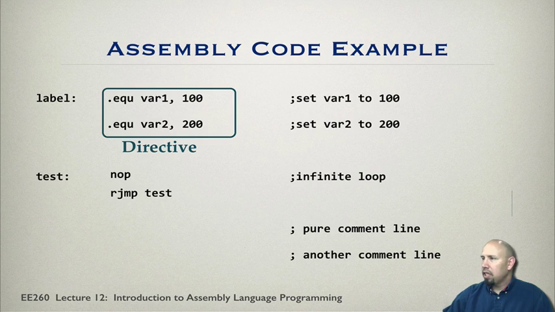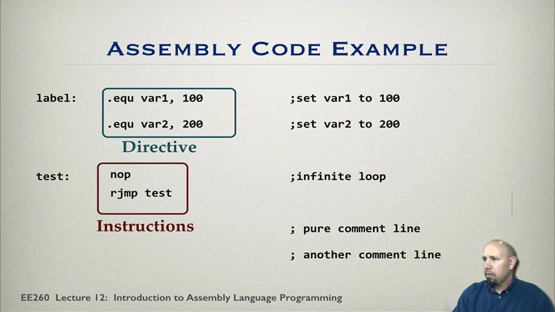So those are directives. Next we have instructions. Again, here we have a label and then some instructions. So nop means it's not going to do anything. And then this relative jump test instruction says it's going to jump to the label test.